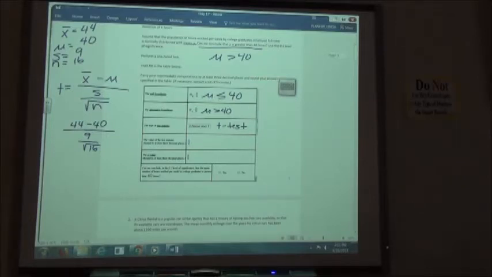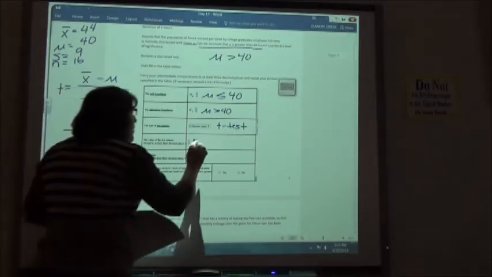And you can either use your regular calculator to do that or the Alex calculator, whichever one you want to use. To come up with your number, it says we're going to round to at least 3 decimal places. 1.778.